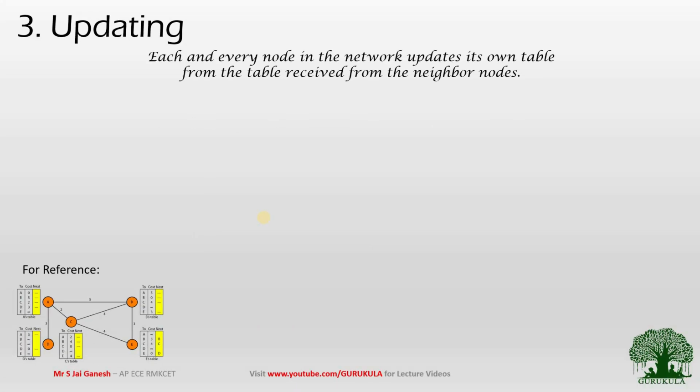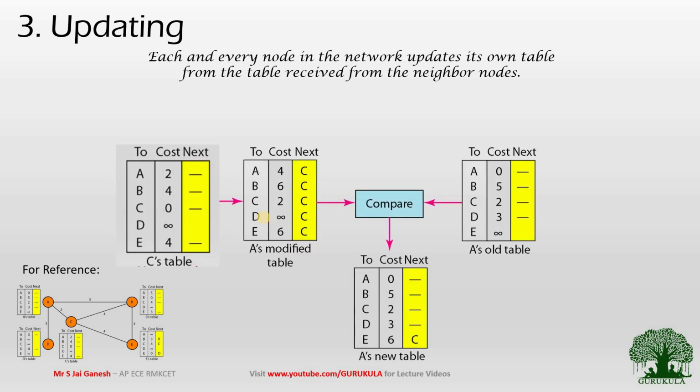Each and every node in the network updates its own table from the table received from the neighboring nodes. In our example, we will look at how A modifies its table based on the information received from C. Just for reference, this is the initialization table that A has received from C. So C has sent its initialization table to A, and now we will see how A is updating its table.